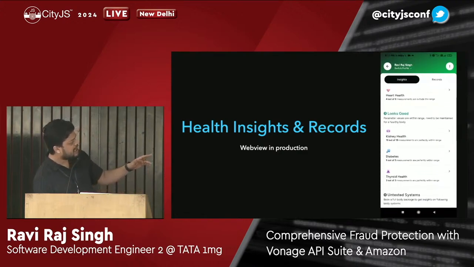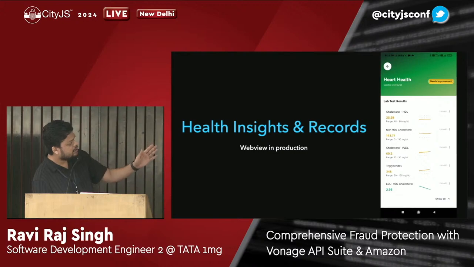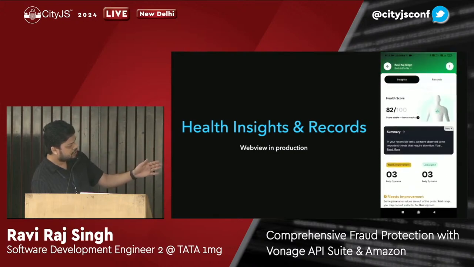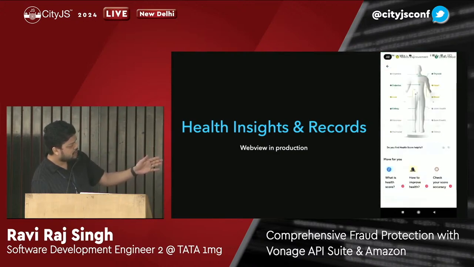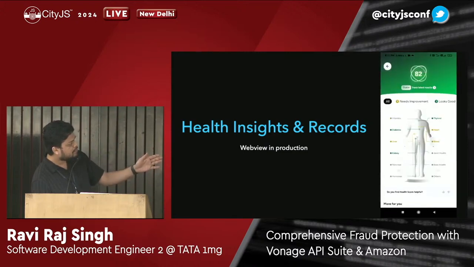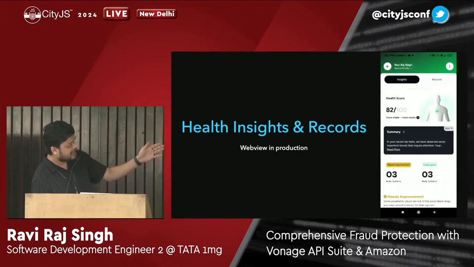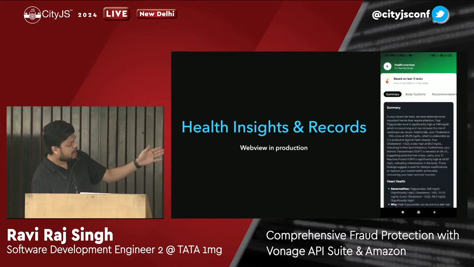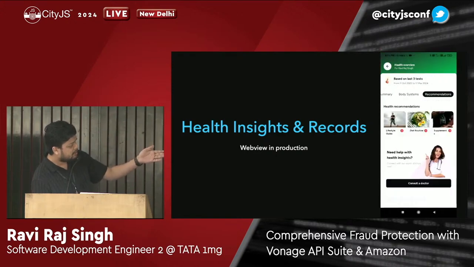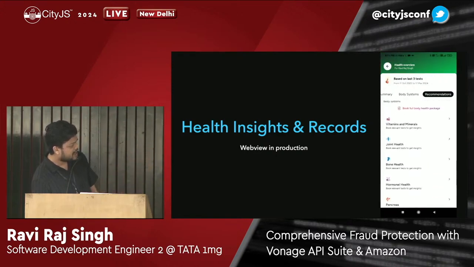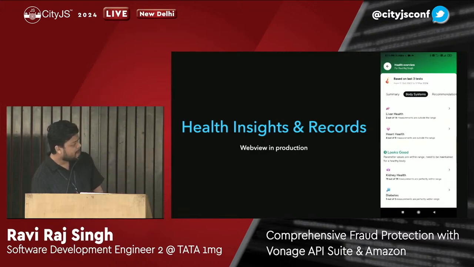You can see I've clicked on heart health, so smooth. There's scroll restoration working, and once you click on heart health again, the data is already cached, and this is the summary generated by an in-house AI.